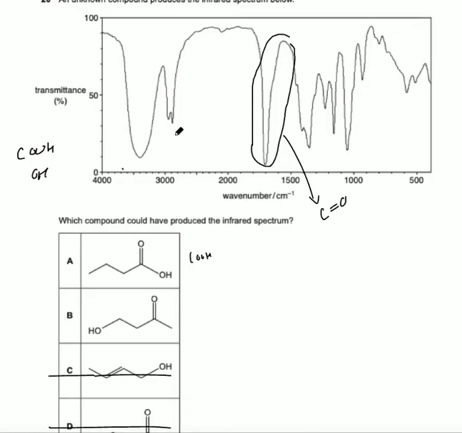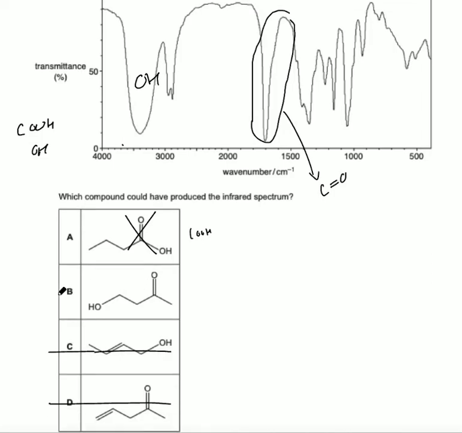This means 100% this is from an OH, whereas if it looks something like this, then that would mean it's a carboxylic acid. And because we've got that dip in here, that means that this has to be an OH, not from a carboxylic acid. And therefore, that's why the answer is B.